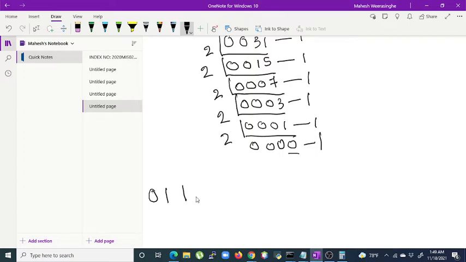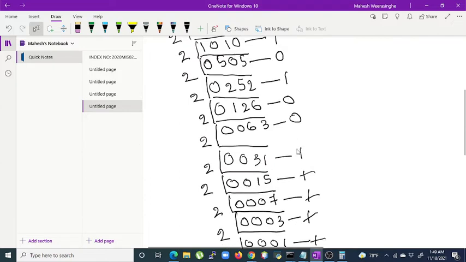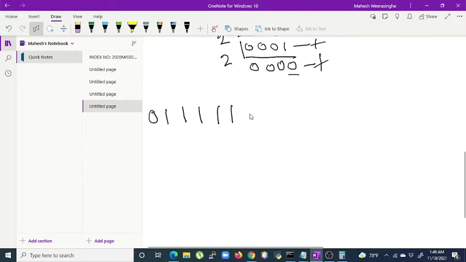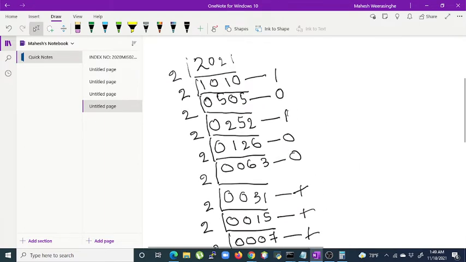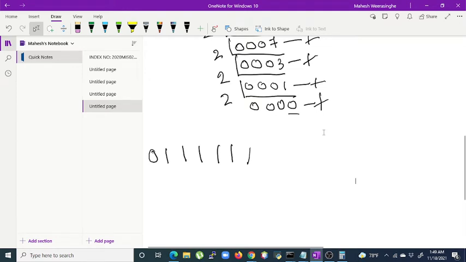Reading the remainders from the bottom up: 1, 1, 1, 1, 1, 1, 0, 0, 1, 0, 1. This is the binary equivalent of 2021.